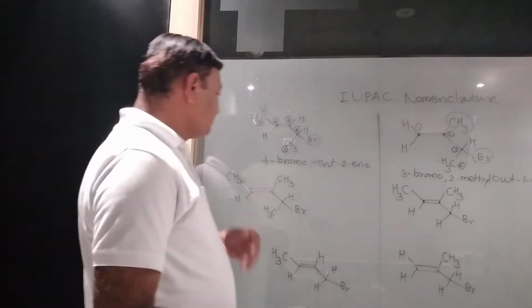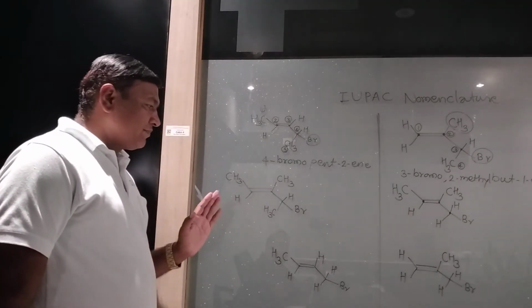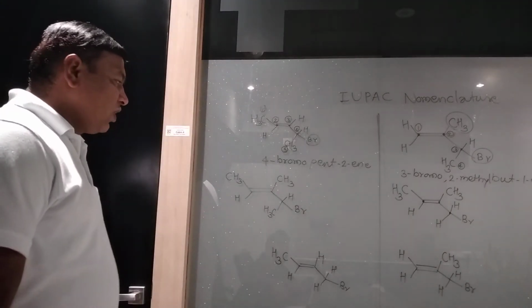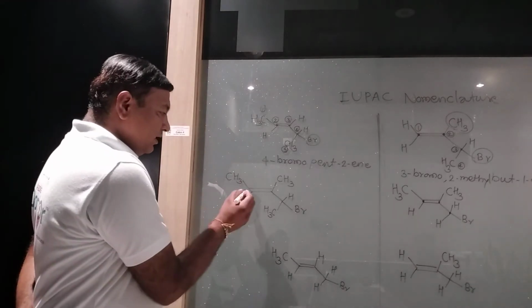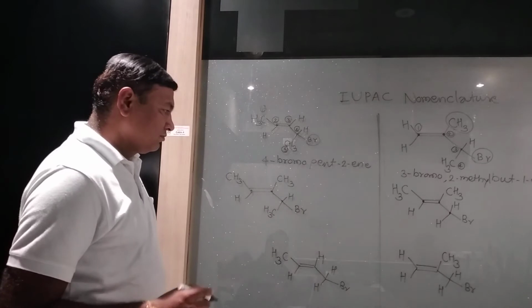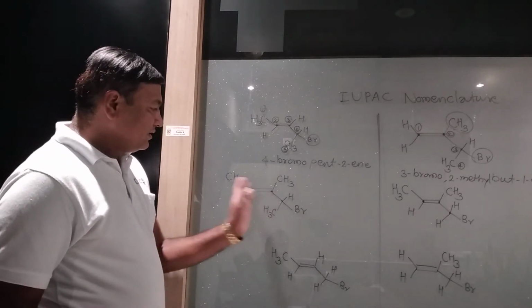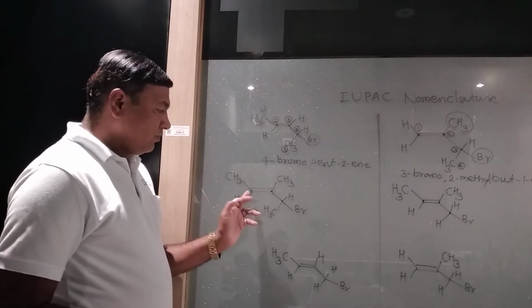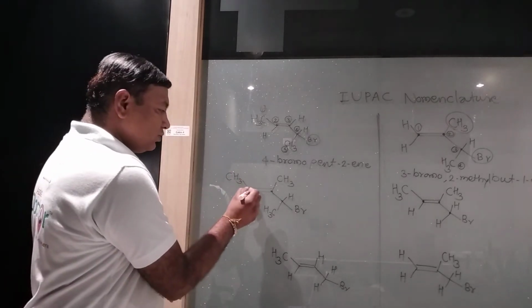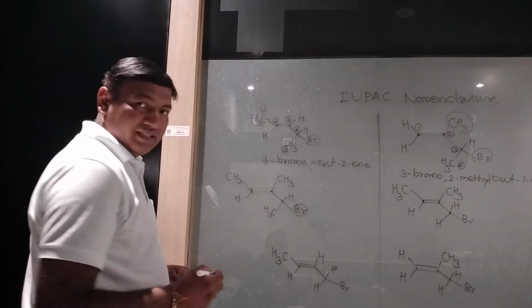Very interesting. We will see another example. See here, again we have to select the longest chain. 1, 2, 3, 4, and 5. Again, the option is from this side or this side. The upper side, because at position 2 the alkene is there and at position 2 bromine is there.